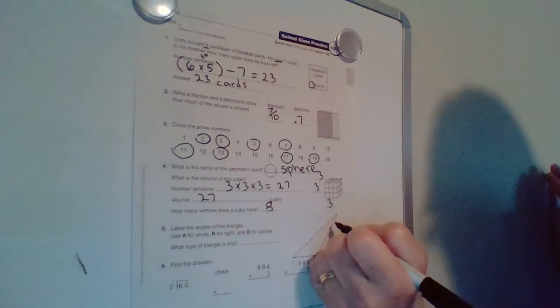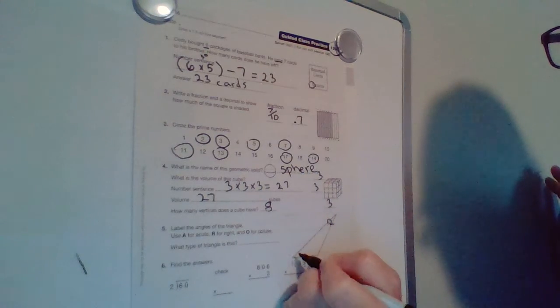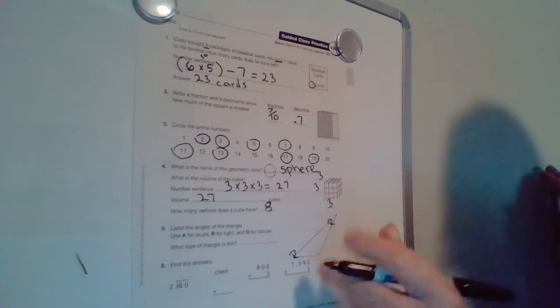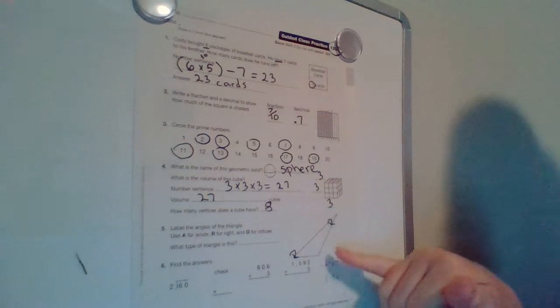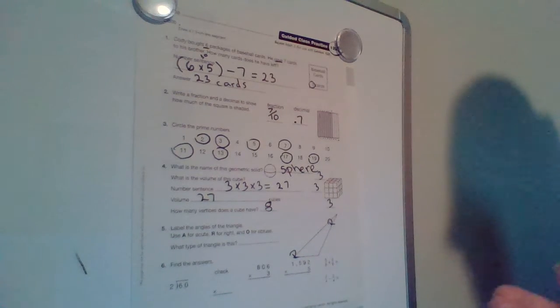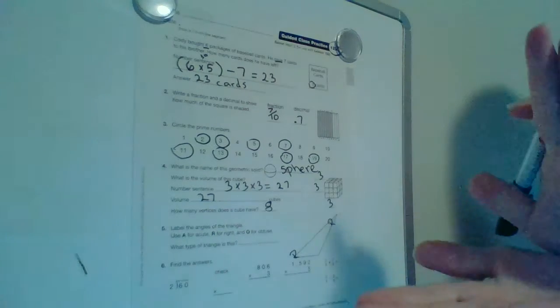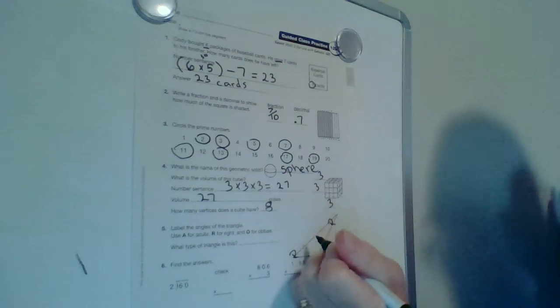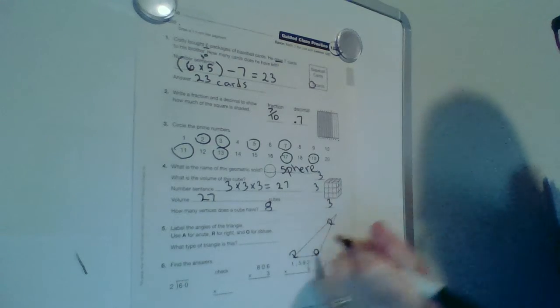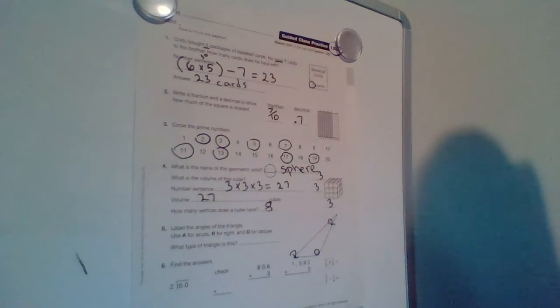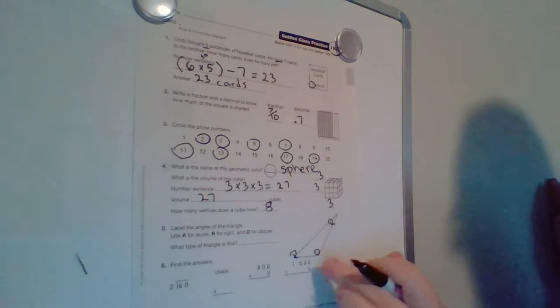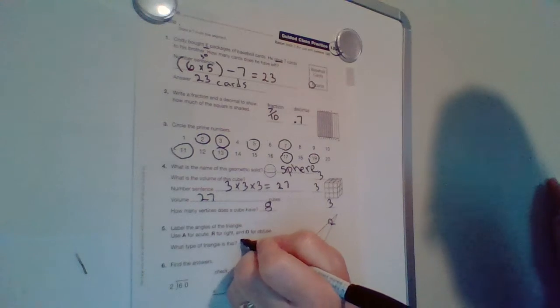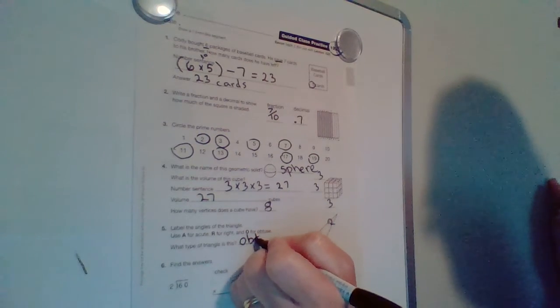And it looks like this one up here and this one down here. So those are A. Now this one, it's not a right angle because remember that has to be a perfect square. So that is wider. So that's what we call an obtuse. That would be O. So what type of triangle is this? Well, because this is the main angle, we're going to say this is an obtuse triangle.